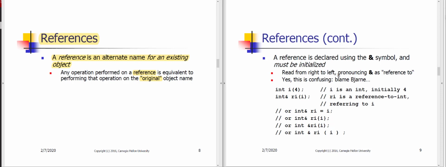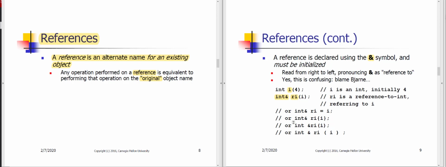All right, so here on slide 9 we have a little bit of example code. I here has been declared as an int object, and I has been initialized with 4. The next declaration declares that Ri is a reference to an int.